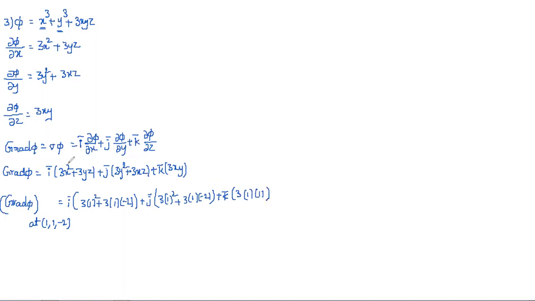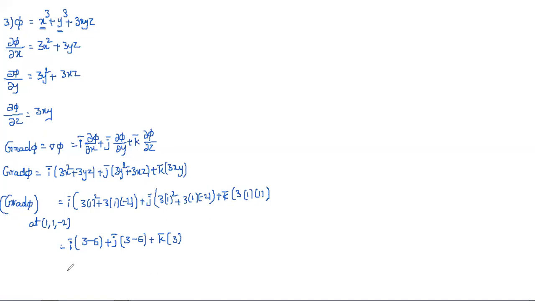And now if you simplify this, what will we get? This is equal to i into 3 minus 6, plus j into 3 minus 6, plus k into 3.